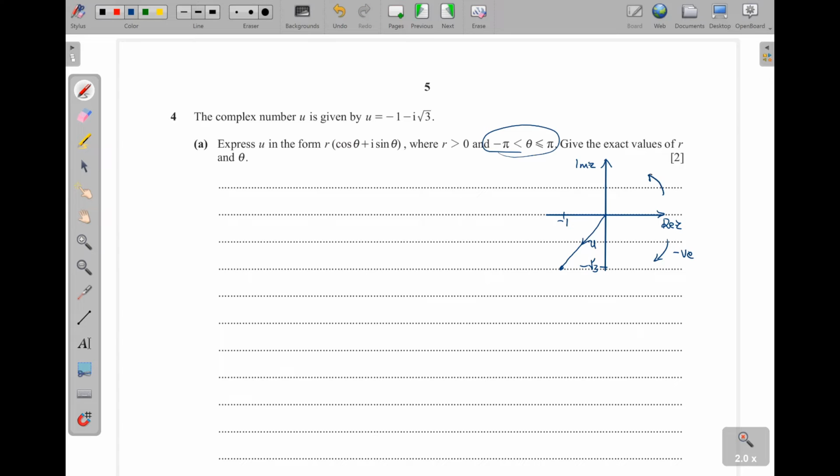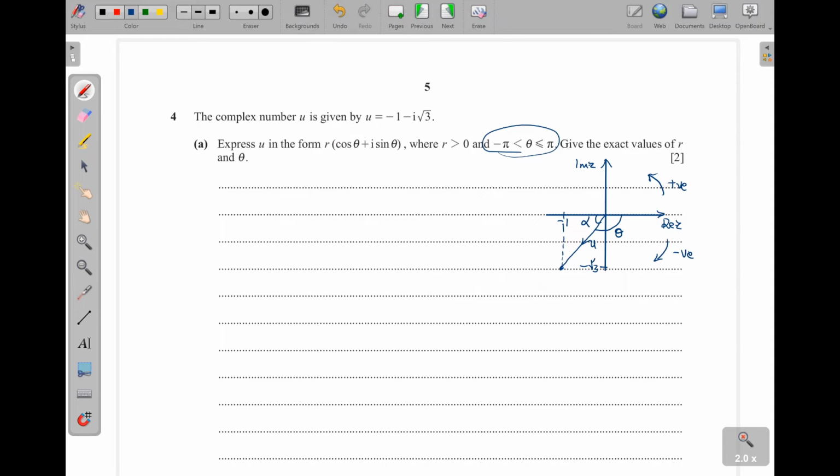When we move this way, the angles are positive. So the argument that we must look for is this one here. But I can just get this smaller one here. I can let it be alpha.